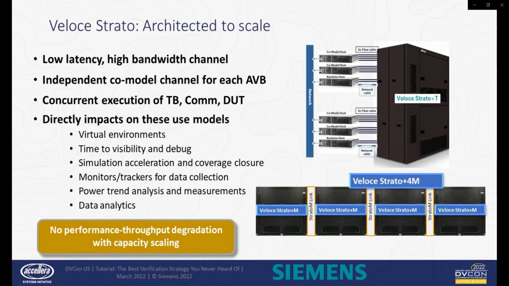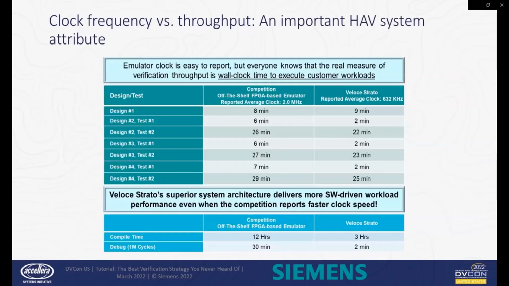Another attribute that I wanted to discuss is clock frequency versus throughput. Hardware acceleration verification always comes down to your turnaround time. How long does it take to complete your test, and how long does it take to debug?